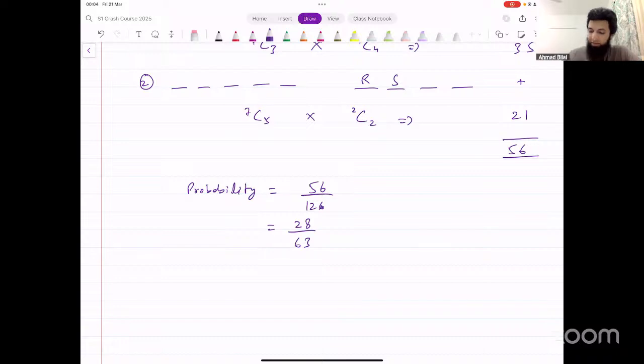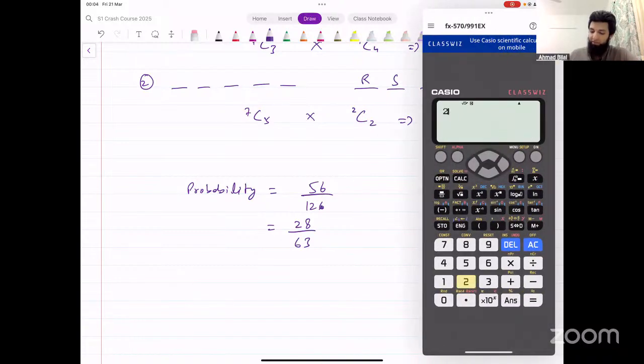If you write that in decimals, make sure to write three significant figures. 28 over 63. That's 4 over 9. Okay, that does actually simplify further. It's 4 over 9. If you write decimals, that would be 0.444.